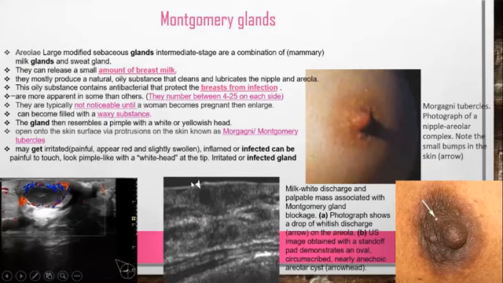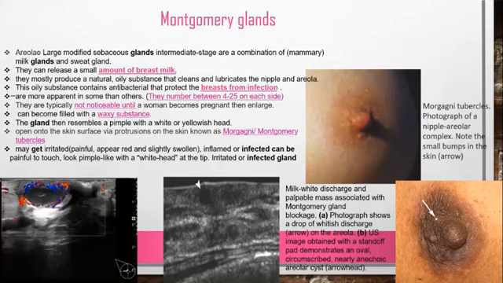They open into the skin surface by what are called Morgagni or Montgomery tubercles. These elevations, or bumps, are the Montgomery elevations, and usually they are not large or present until pregnancy.